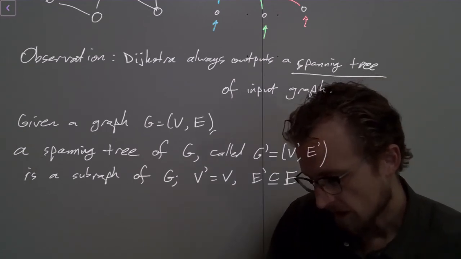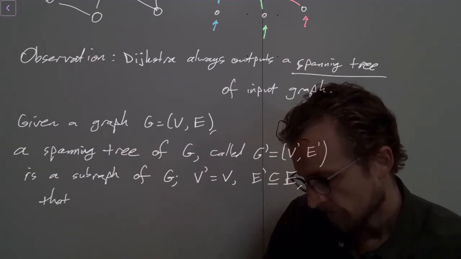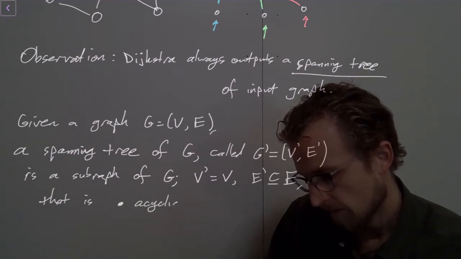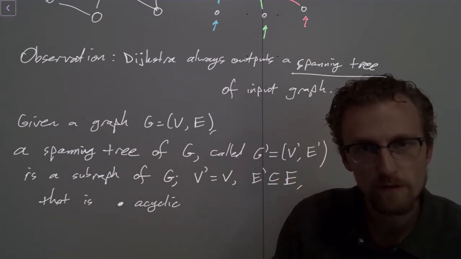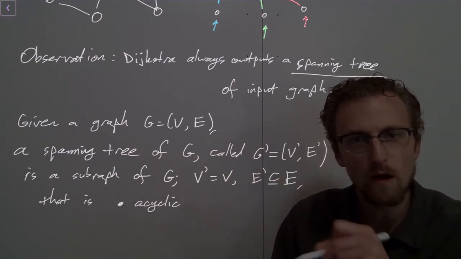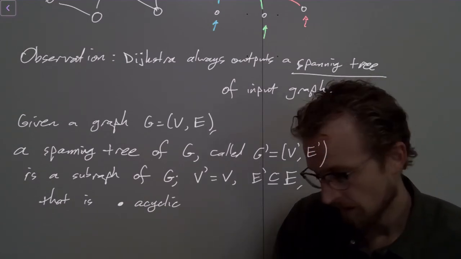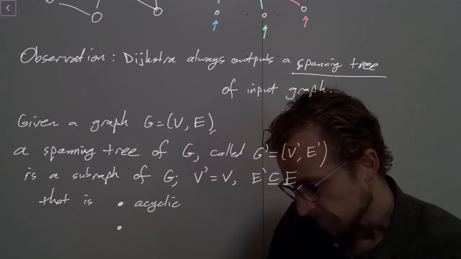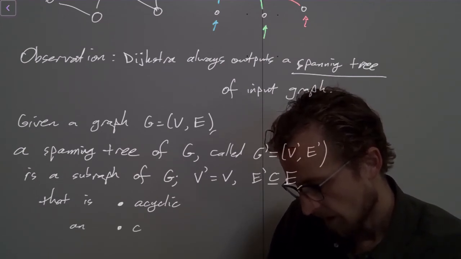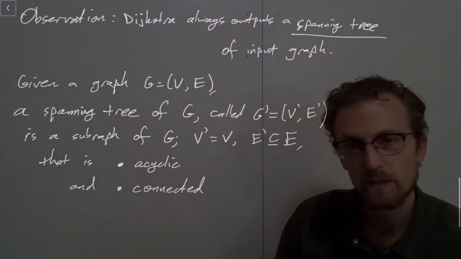So it's a subgraph of G that is first acyclic. Okay, and acyclic means that there are no cycles, right? There's no way to follow a path that leads you back to where it started. So it's acyclic and connected. What does connected mean?